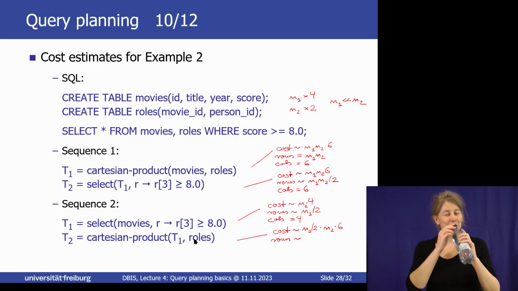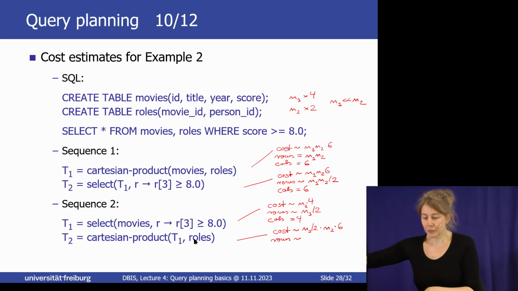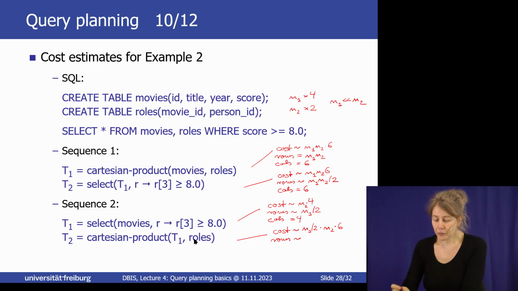It's a focusing thing. So we know the amount of rows from T1 is N1 half, times the amount of rows times N2. Yes, so it's N1 times N2 divided by 2, right? I just reordered a little bit. Yes, and cols, there's nothing to estimate, that's 6.